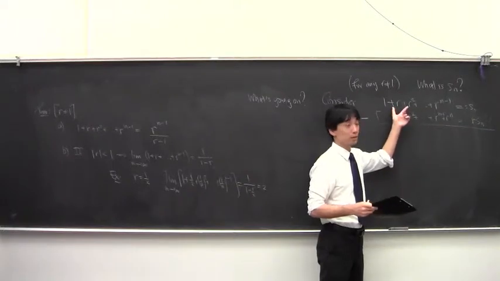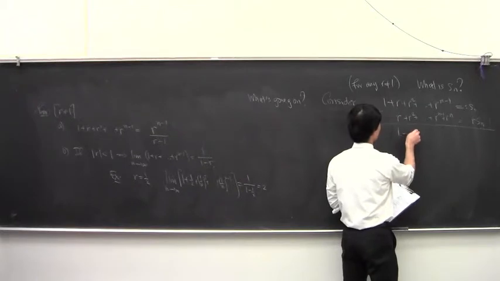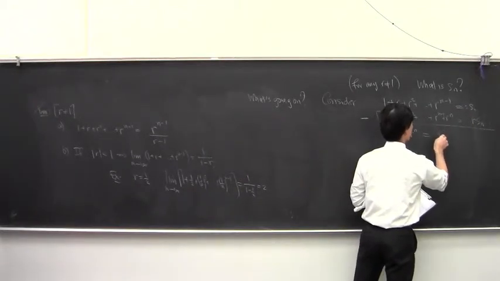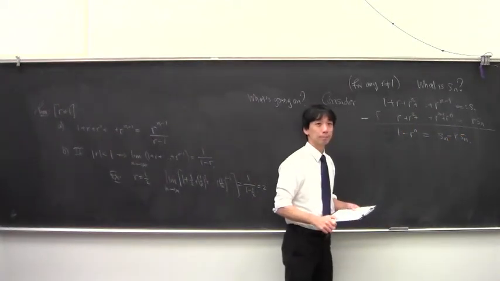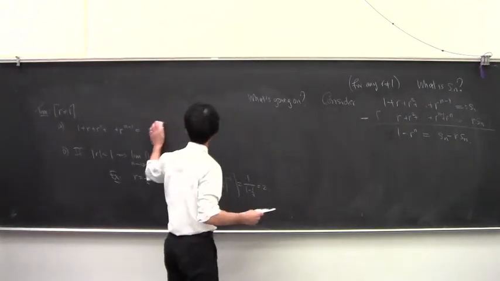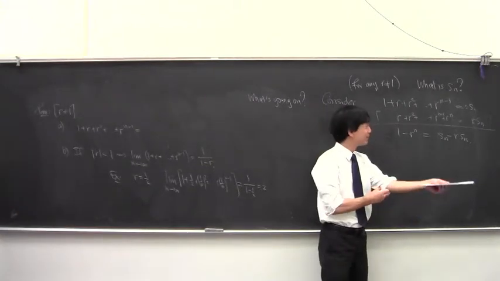Subtracting the bottom from the top, you get 1 minus r to the n, and on the right-hand side you get S of n minus r S of n. Sorry, I've got it wrong over here, but we'll figure it out and then we'll fill it in.